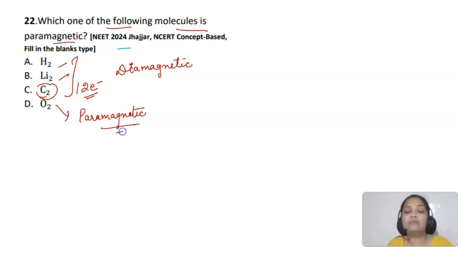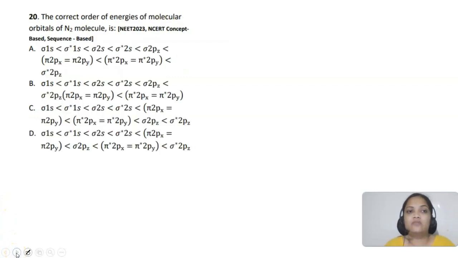If you are able to write down the electronic configuration, you can answer the question very easily. So the answer for this particular question would be oxygen, and you will get 4 marks. So easy, right? So just understand the two orders that I have given you up to nitrogen, and for oxygen, fluorine and neon. Rest everything will be done.